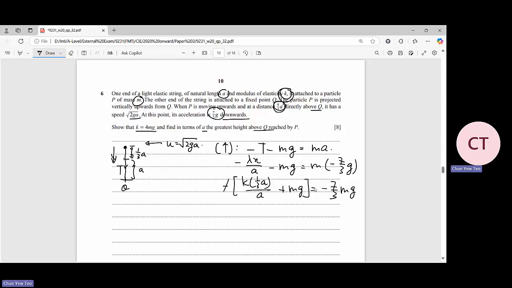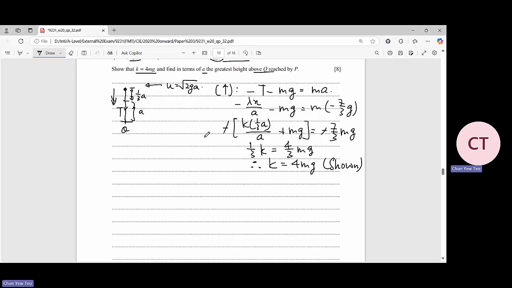So you cancel the negative. You have 1 over 3a, 1 over 3 k, is equal to 4 over 3 mg. So therefore, k is equal to 4mg. So we have shown the first part.